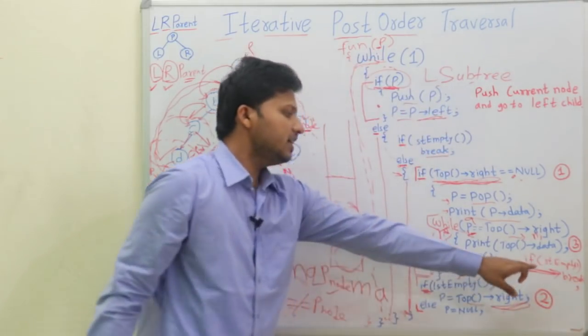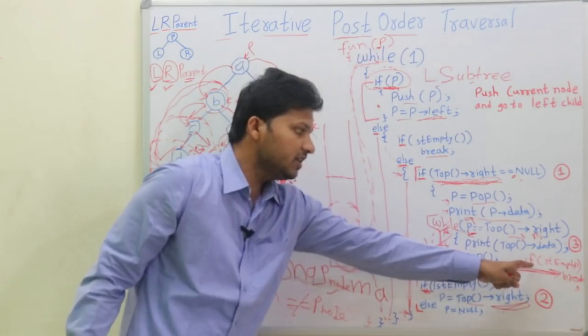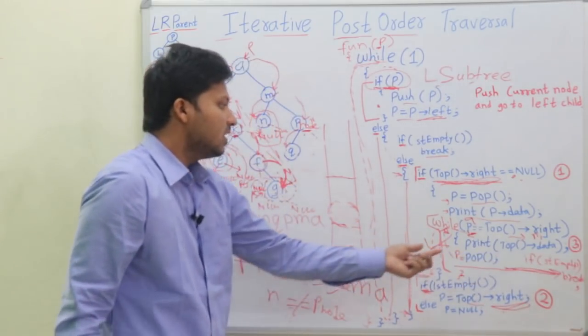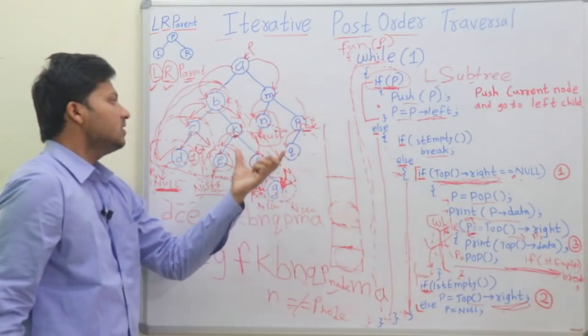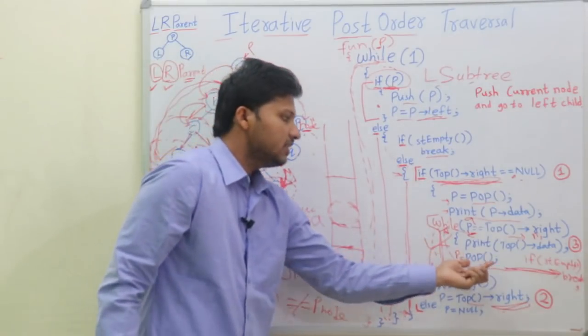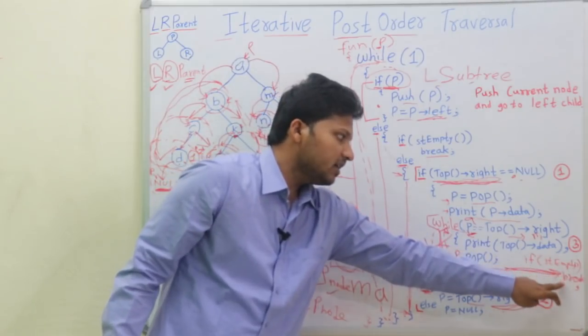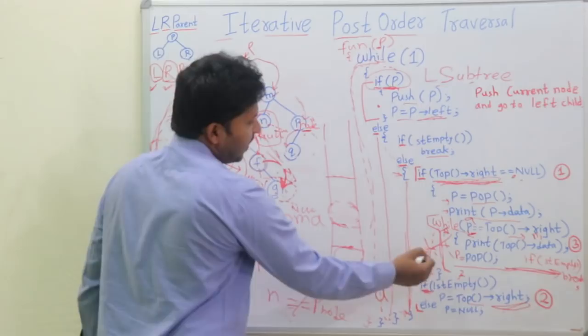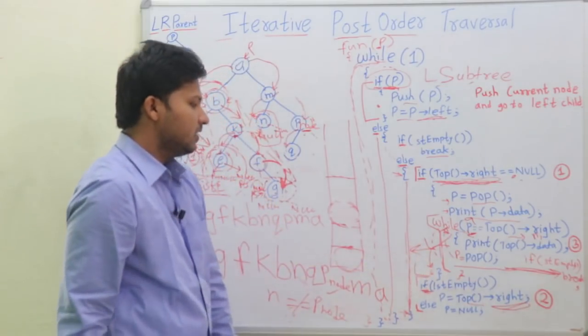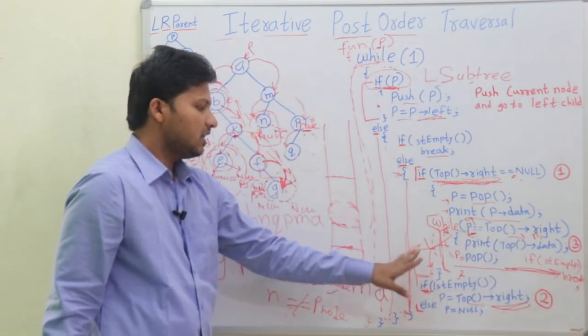So this breaking condition you have to include here as well, because in this while loop, if all these nodes are over, then this stack empty condition will be useful to come out of this while loop. Okay, so that is the case.